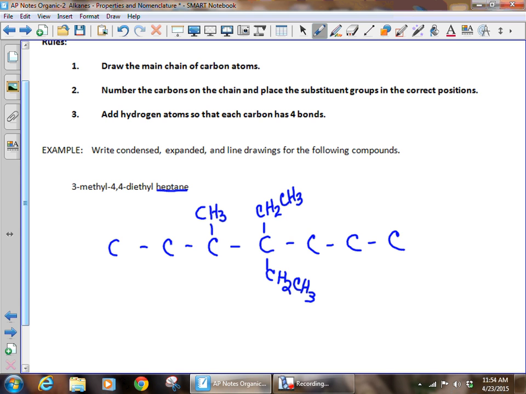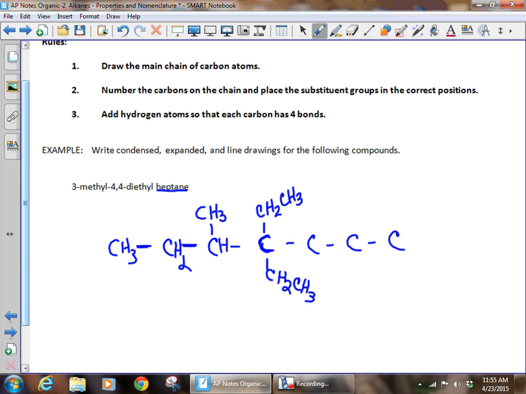This first carbon already has 1 pair of electrons, so it needs 3 hydrogens to fill it up with 4 pairs of electrons. This next carbon has 2, so it needs 2 hydrogens. This one already has 3, so it only needs 1 more.